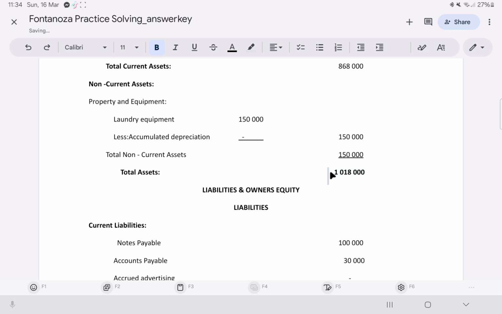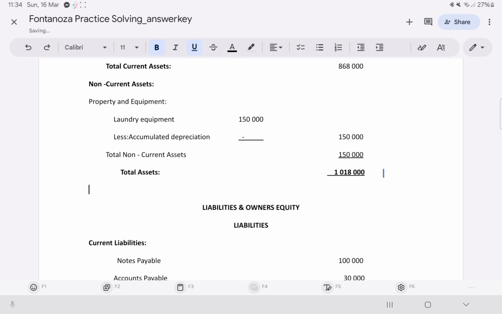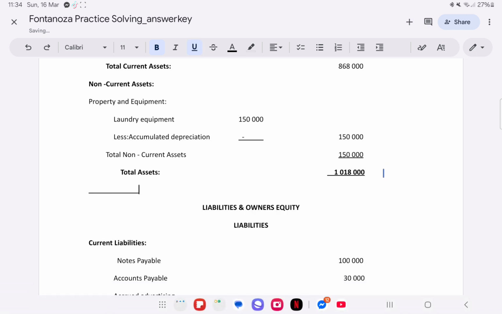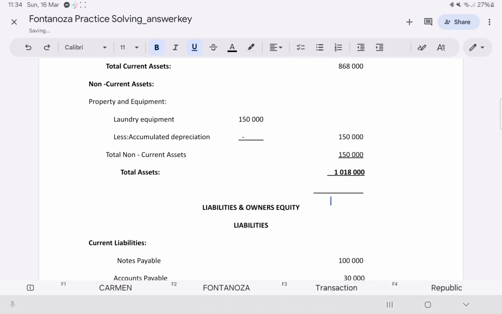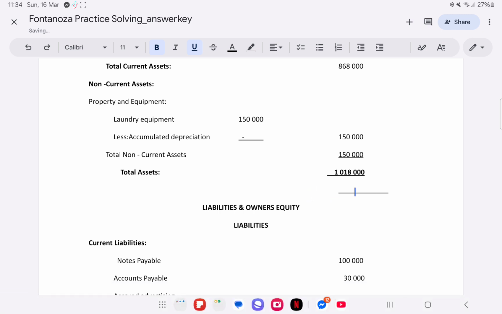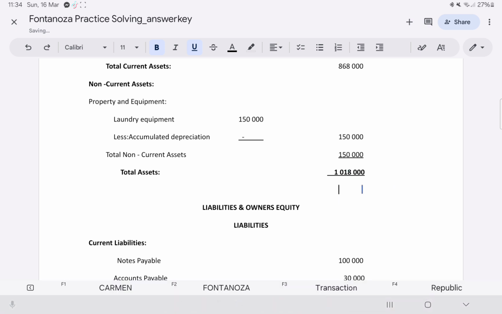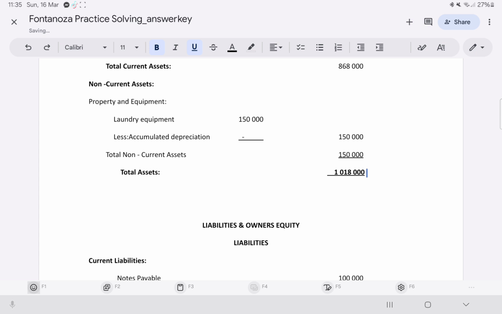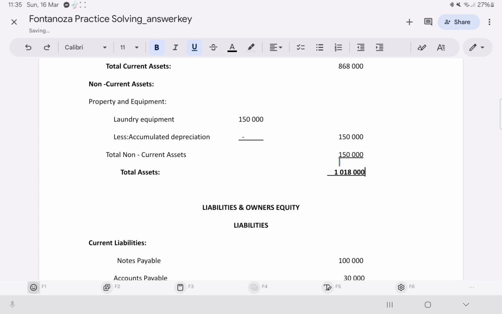1,018,000 is our total assets. And make it a double line since this is already a balance. It is hard for me to draw a double line here in the Google Forms.